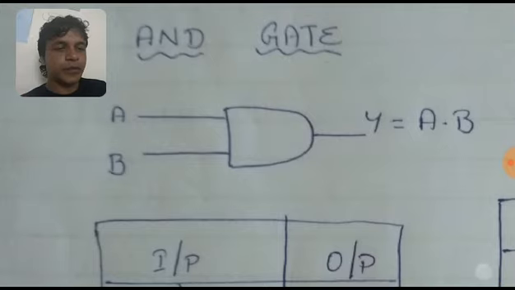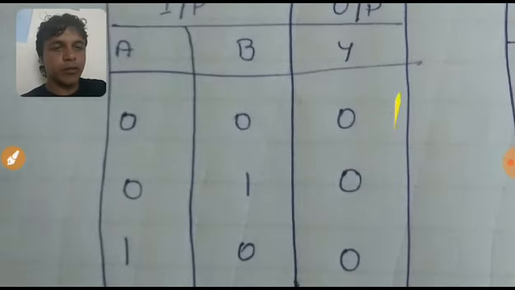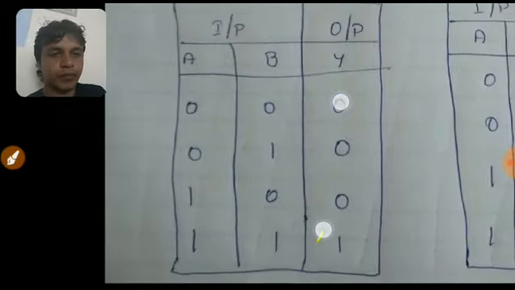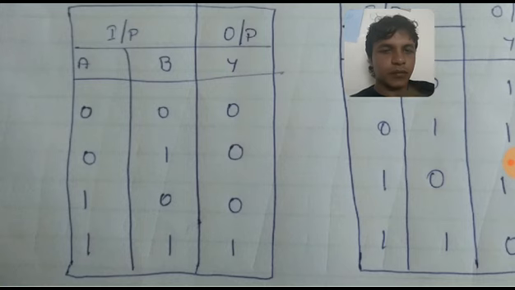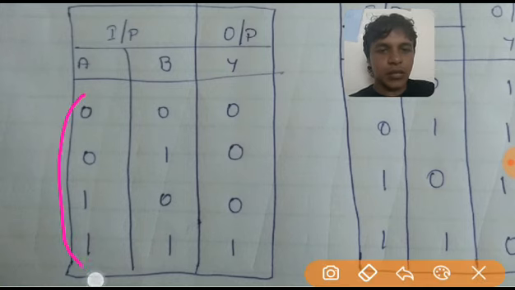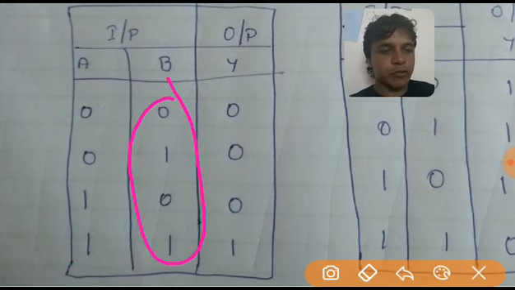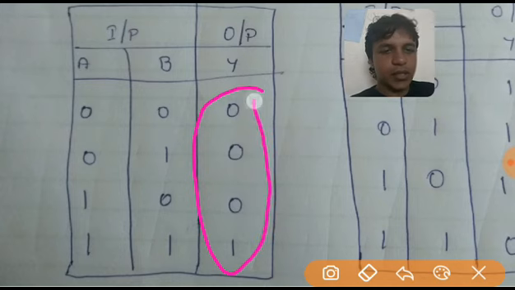Let us check it in the truth table. This is the A switch and this is the B switch, and this indicates the status of the bulb, the load.